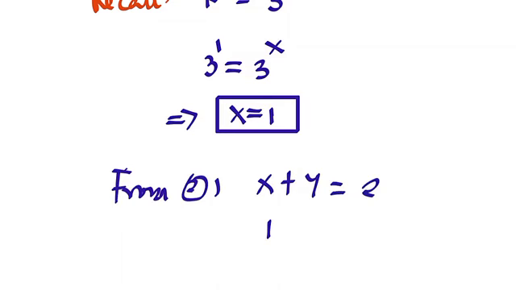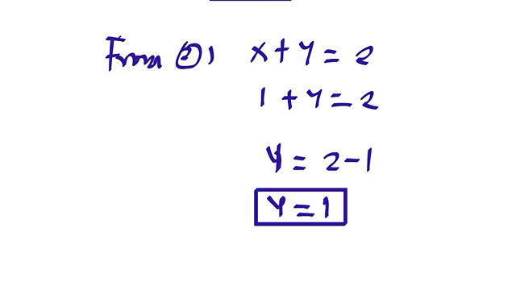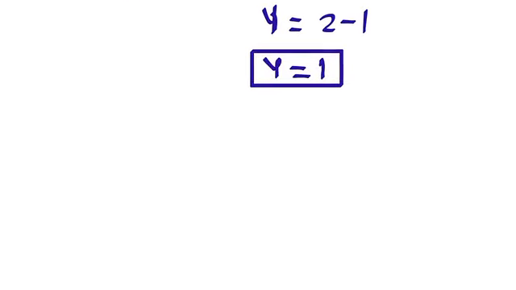We have 1 plus y equals 2. Okay, so from there, we're going to have y will be 2 minus 1. Then we have y to be 2 minus 1 is what? Is 1. So we have y also to be 1.